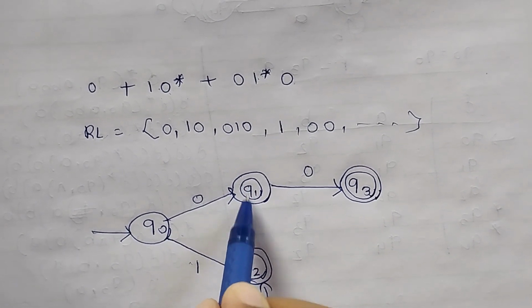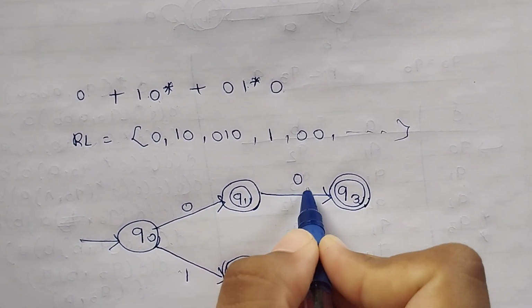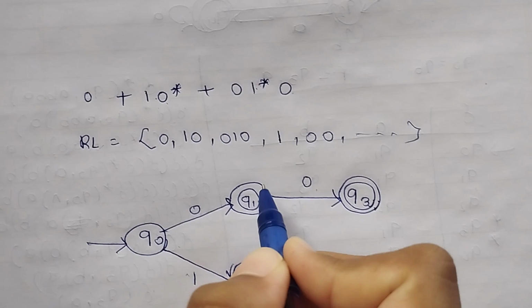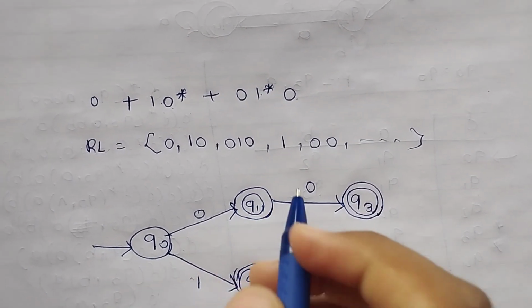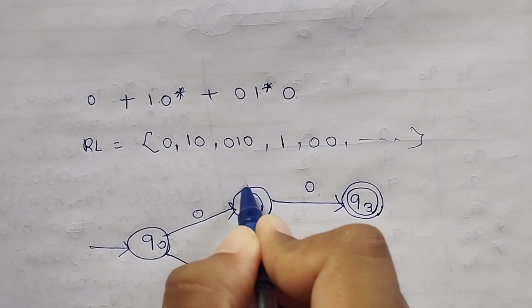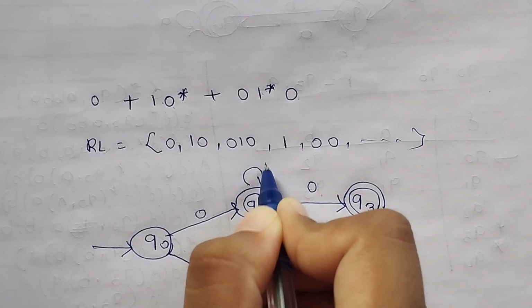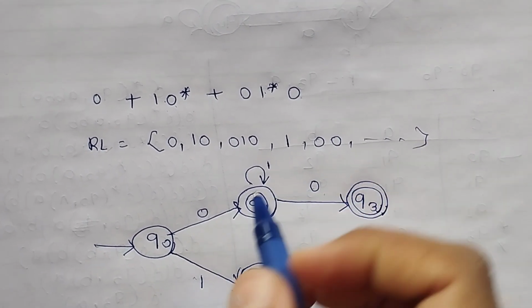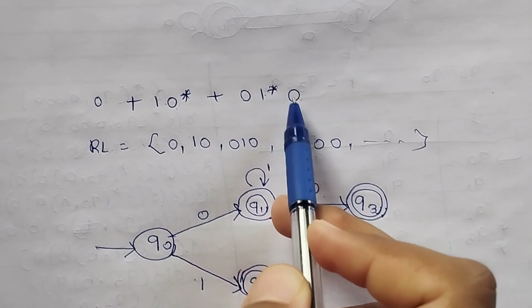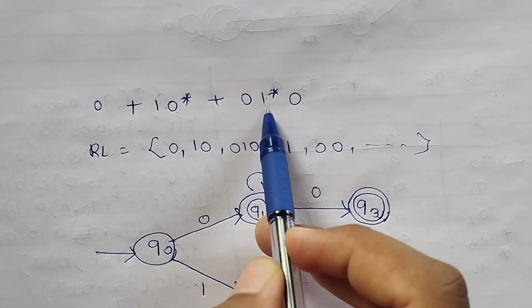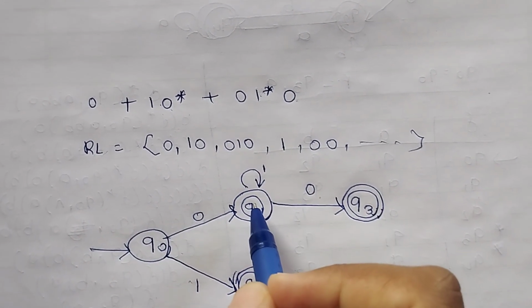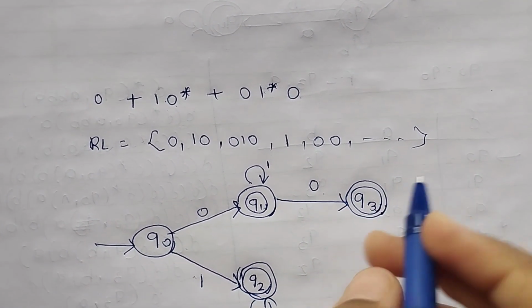We move to Q1. Q1 transfers only 0, not 1, so we think about this 1. So if this 1 is read by Q1 itself, then it is okay, because for this state n number of 1s can come, so this is accepted by this Q1.